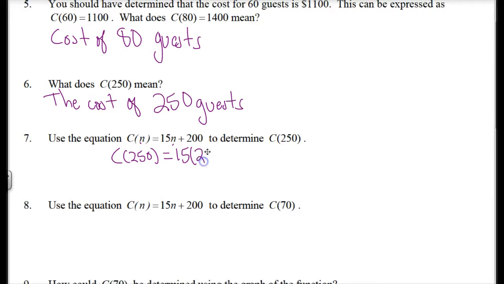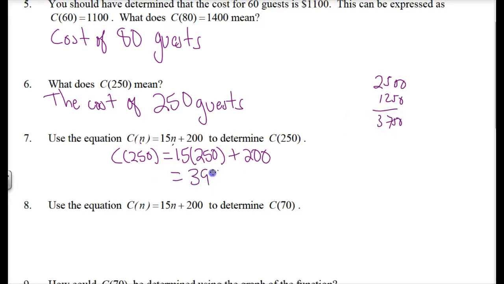Okay, everywhere I see the n, I'm going to put in 250. I need 15 times 250, which will be 3,750, plus 200 is 3,950. If you have a calculator, you can probably use it.